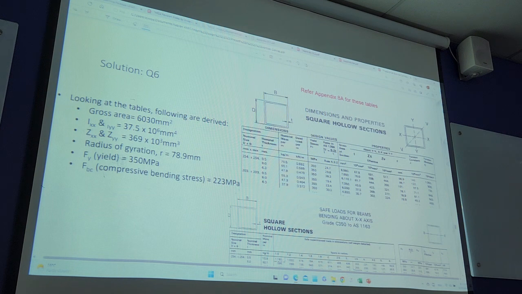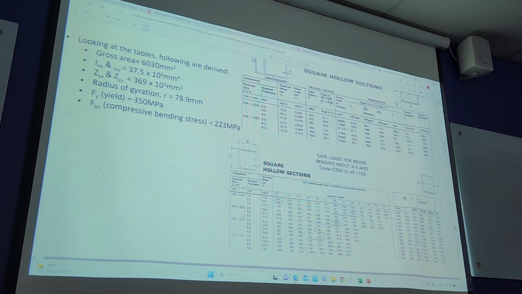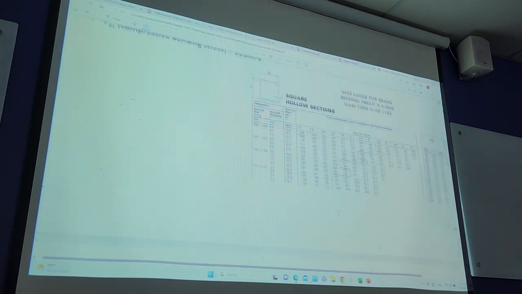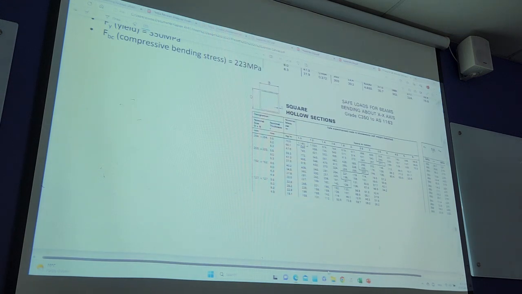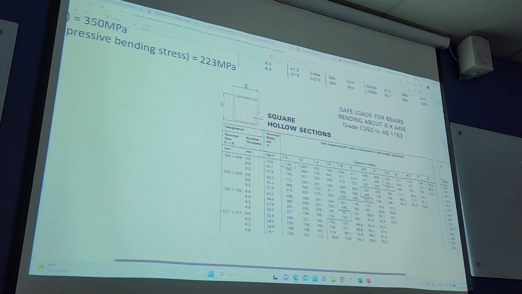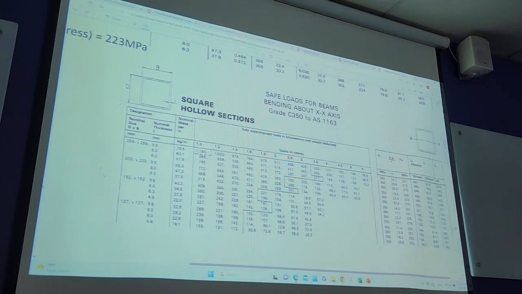So your FBC, where can you find this one? Come here, you have another table that allows us to find out this value. 223.